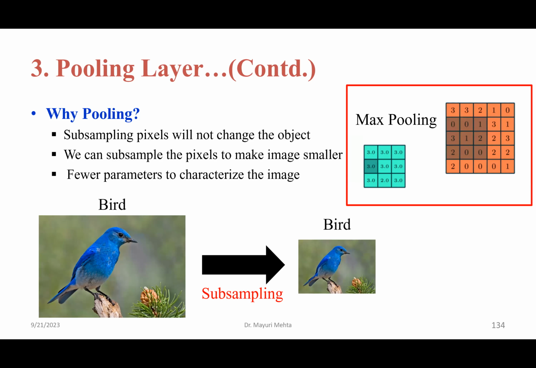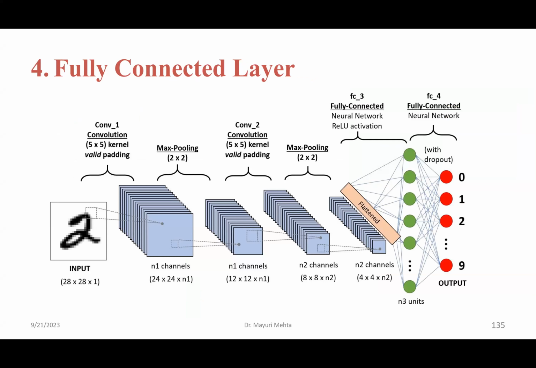Similar to the convolutional layer, the pooling layer is responsible for reducing the spatial size of the convolved feature. And this is to decrease the computational power required to process high resolution images through dimensionality reduction. So that is the advantage of using this pooling layer. Fine. Now let us discuss the fully connected layer.